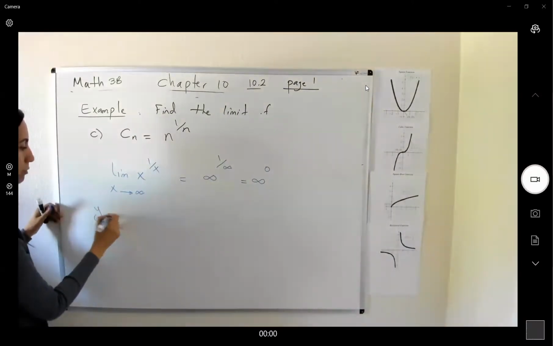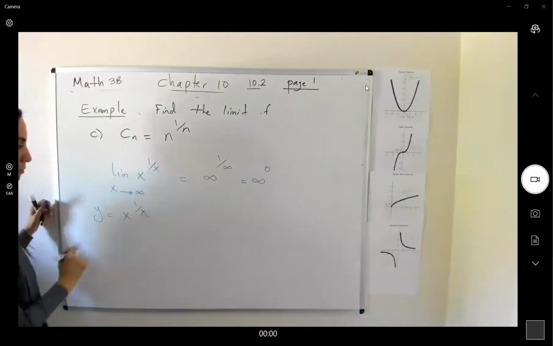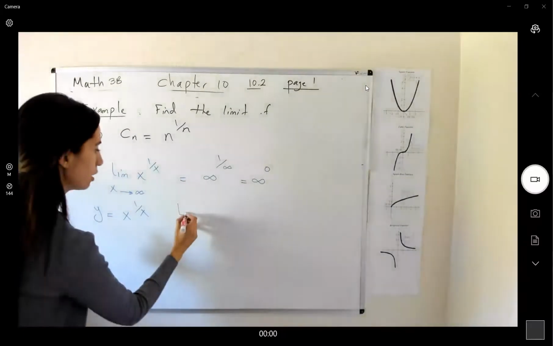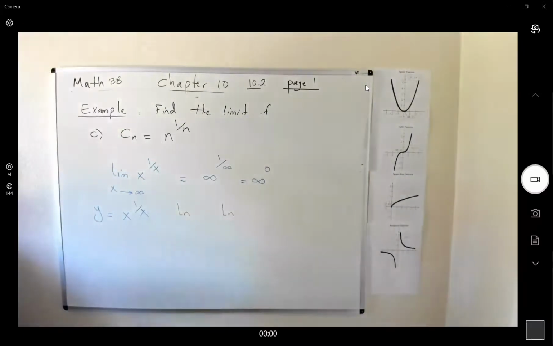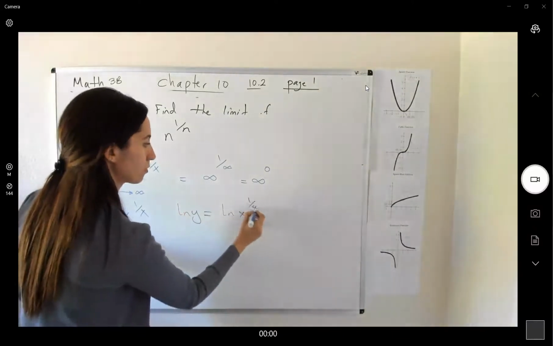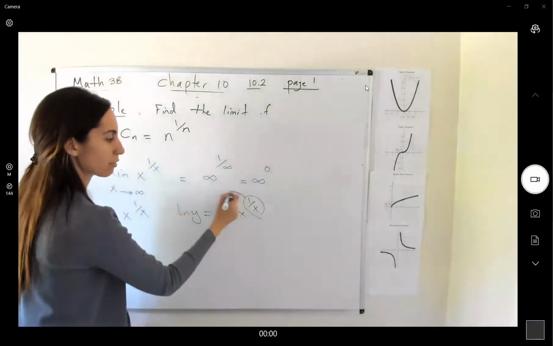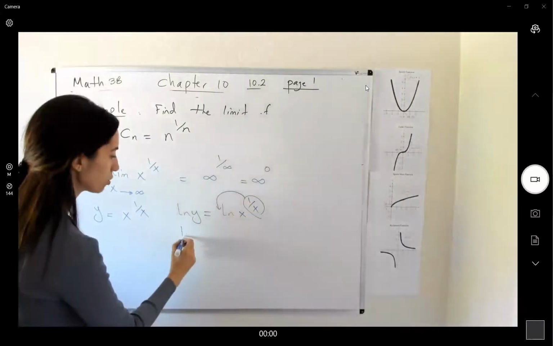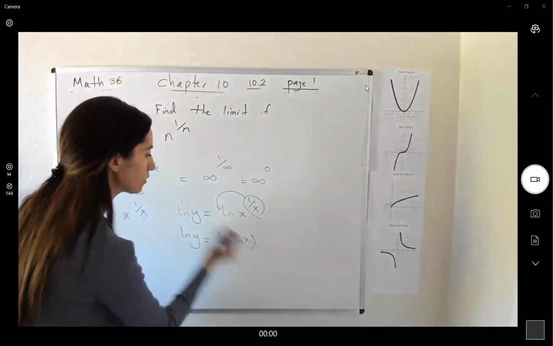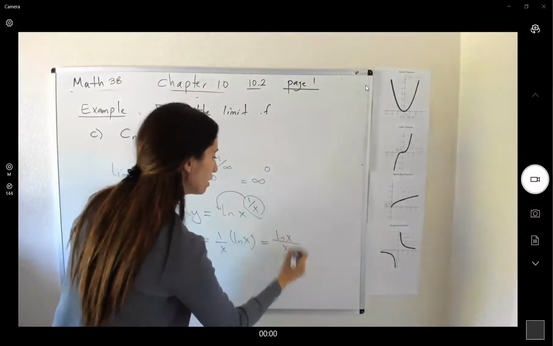Let y be x raised to 1 over x. Then we can take ln of both sides. ln of y is equal to ln of x raised to 1 over x. Since you have ln, you can take the exponent and write it in front of ln. So you get ln of y equals 1 over x times ln of x, which can be written as ln of x over x.